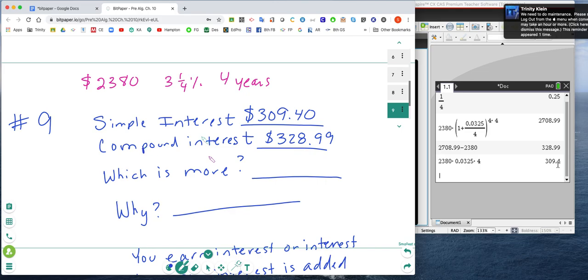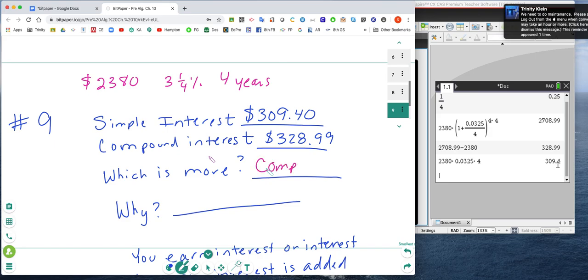But if we compounded interest, that means we earned interest 4 times a year and it got added to our account balance 4 times a year for 4 years. Our interest was $328.99.